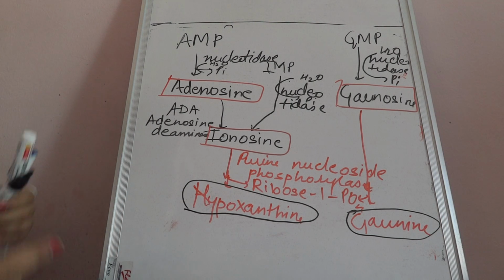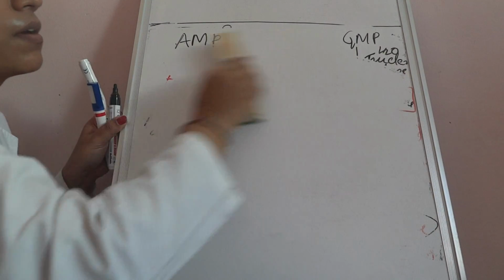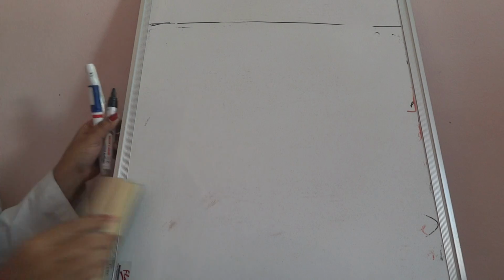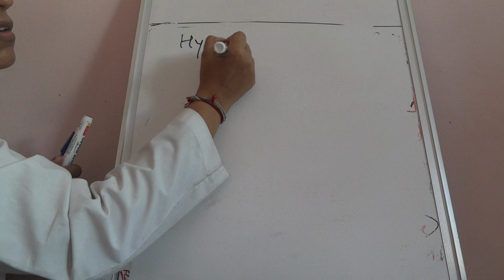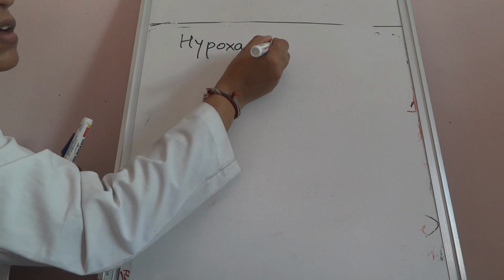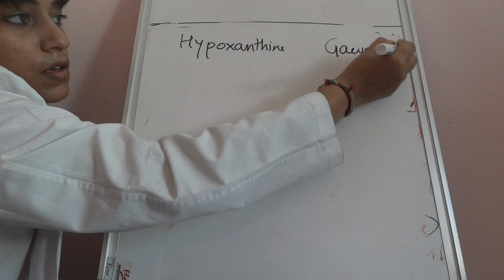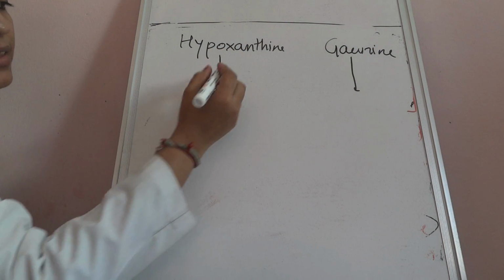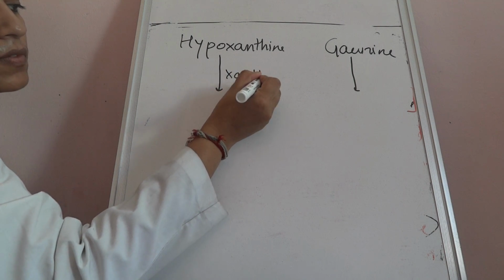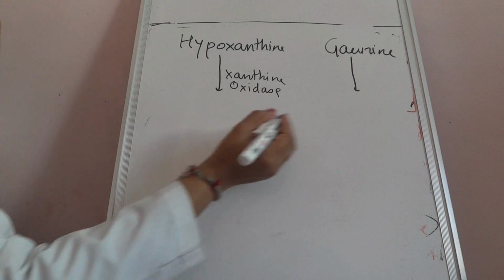Hypoxanthine will be acted upon by xanthine oxidase, and guanine will be acted upon by guanase.